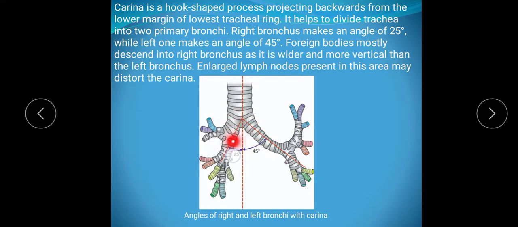The right bronchus makes an angle of 25 degrees and the left bronchus makes an angle of 45 degrees. A foreign body mostly descends into the right bronchus as it is wider and more vertical than the left bronchus. An enlarged lymph node present in this area may distort the carina.